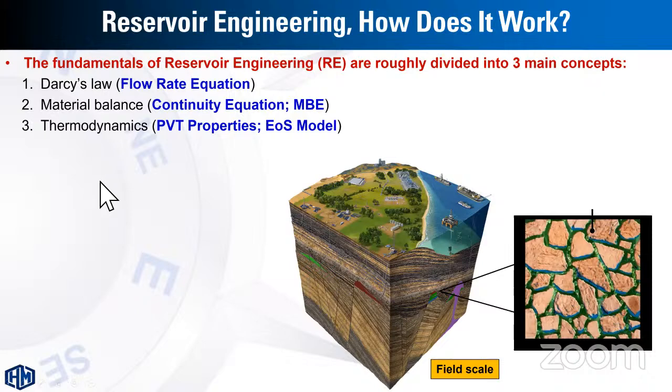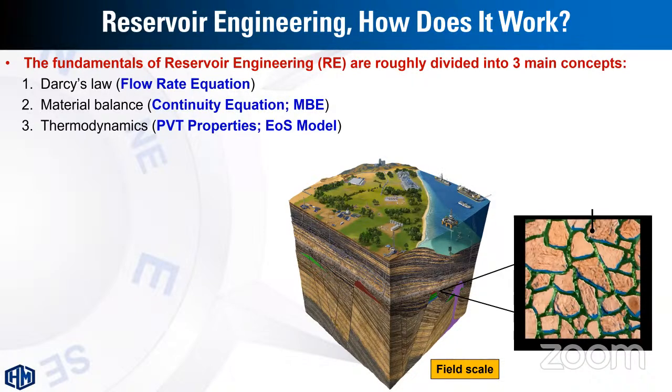The third principle is the PVT properties or thermodynamic parameters or the equation of state model, because the fluid properties like fluid density, fluid viscosity, fluid formation volume factor, and so on, all of these parameters are typically dependent on pressure.